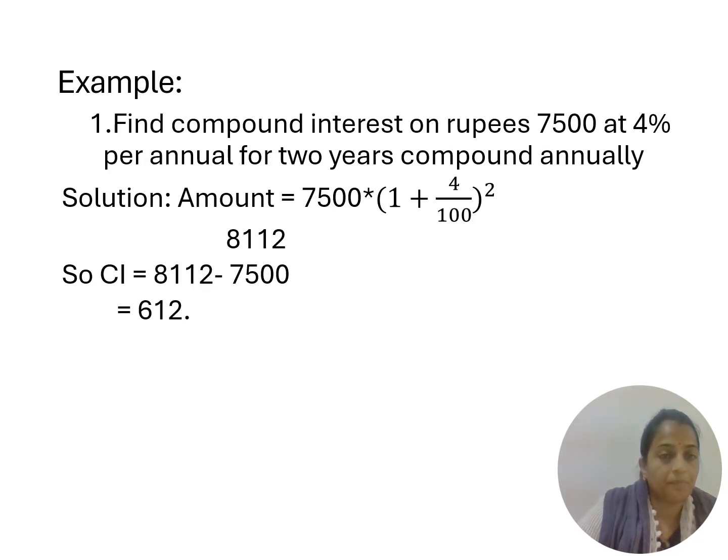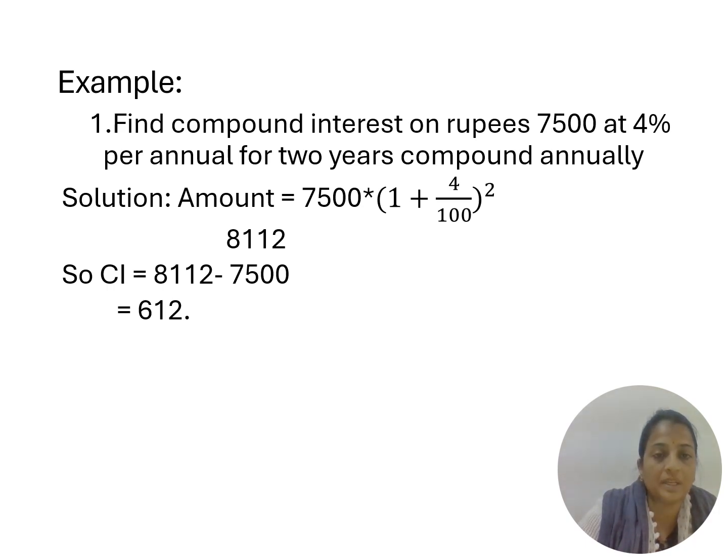Next, an example of compound interest: find compound interest on rupees 7500 at 4% per annum for 2 years, compounded annually. So we apply the formula P(1 plus R upon 100) to the power n, where n is time. Here the principal, the main amount, is given in this question as 7500.